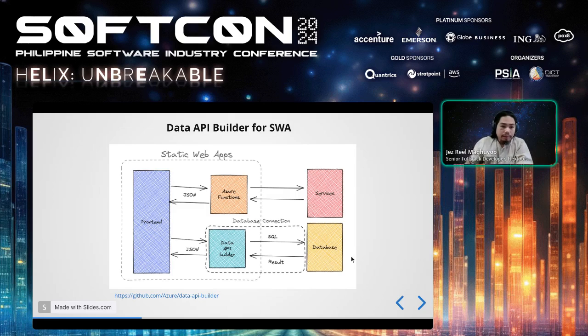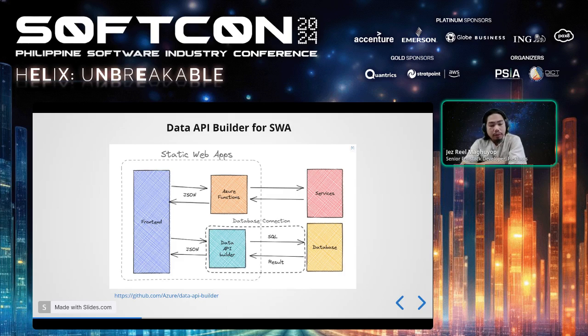If you can see in the illustration right here, you have your front end application. This one is the Azure Function, which is optional. In case you want to have an integrated API in your front end application, so you don't have to build a separate solution or project for the API, you can have it.